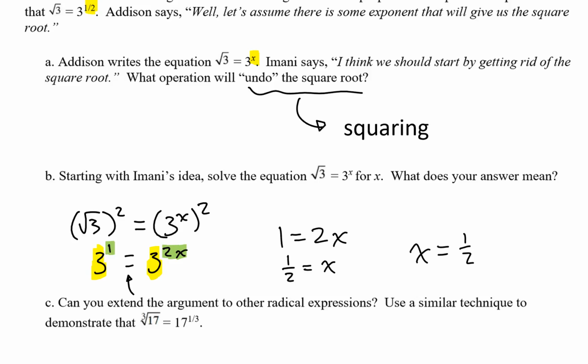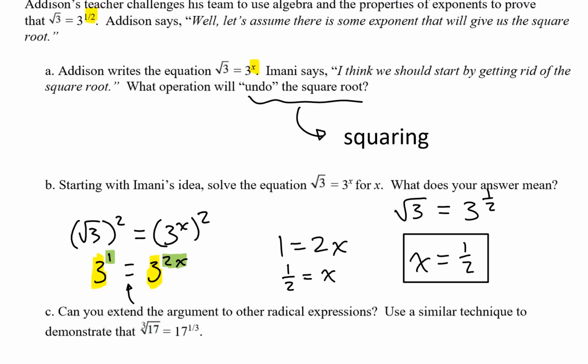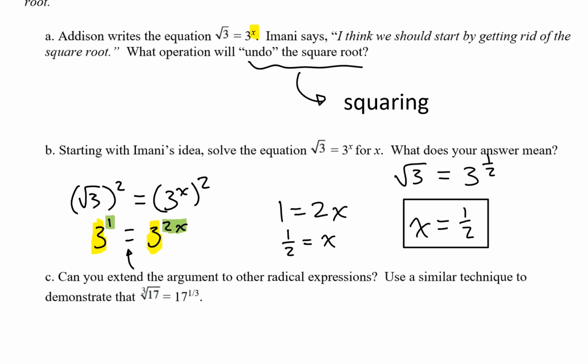So that means legitimately that the square root of 3 is the same thing as 3 to the 1/2 power. X has to be 1/2. Wow. Huh. That's kind of cool.